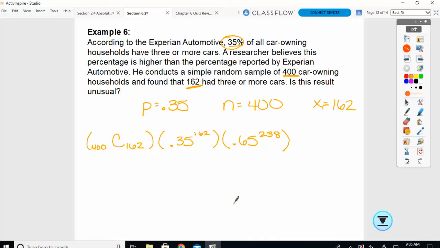It says overflow. Probably not an error you've ever seen before. Basically means the numbers are so big our calculator can't find it for us. So, that is unfortunate, okay?